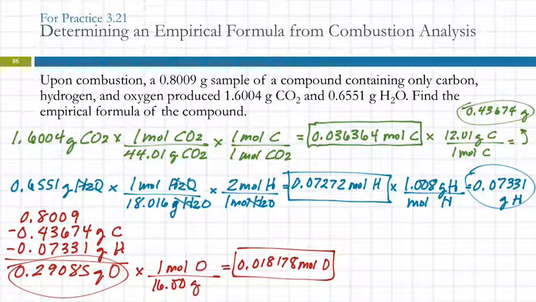I have moles of each element now. I'm going to take the smallest one and divide all of them by the smallest. So this is the smallest, right? So when I divide this by itself, I get 1.